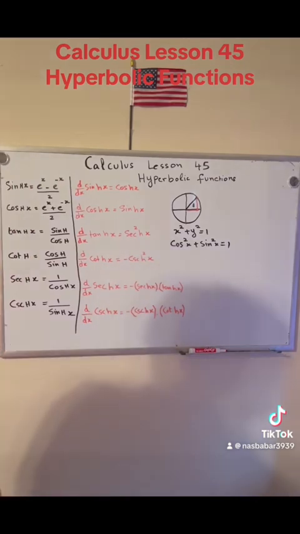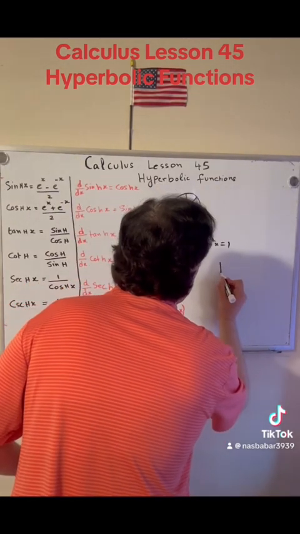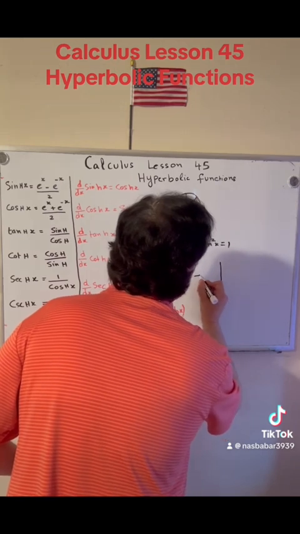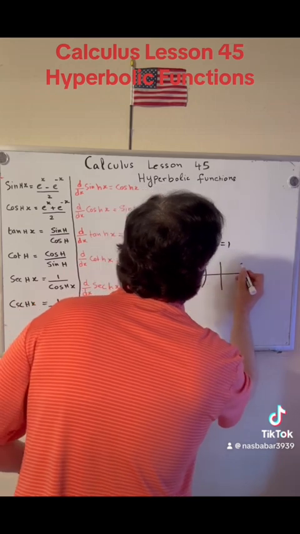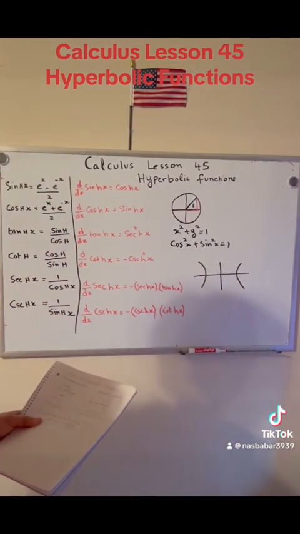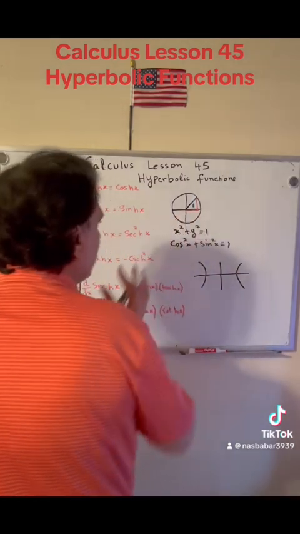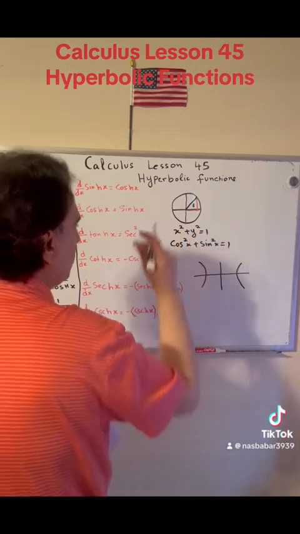Now let's look at hyperbolic functions, a recap of lecture number 44. We have something like this, a hyperbola, and they're quite similar. In the case of a circle, I have x square plus y square is equal to 1.